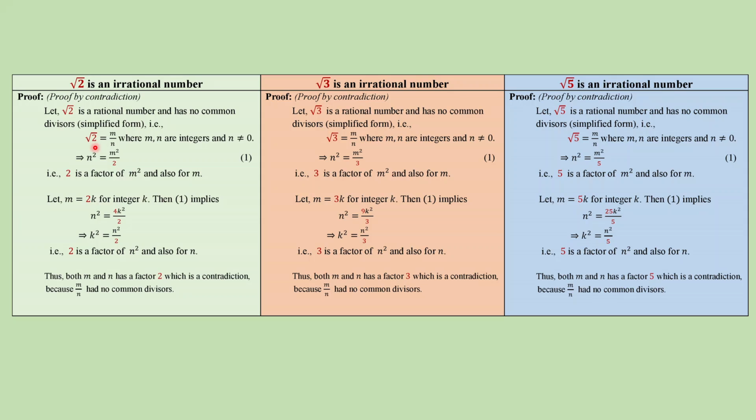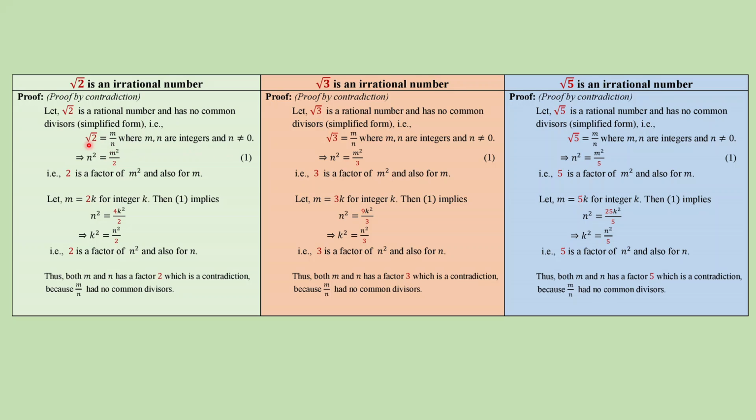So suppose we can write root 2 equals m divided by n, because if it's a rational number, then we can express it as m divided by n, where m and n are integers. Integers means whole numbers, and they can be positive or negative, and n cannot be 0 because we cannot divide anything by 0.